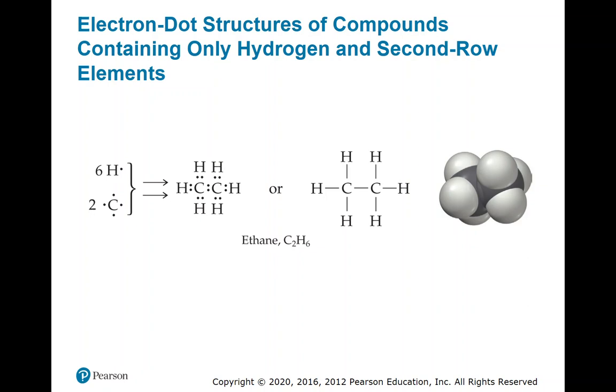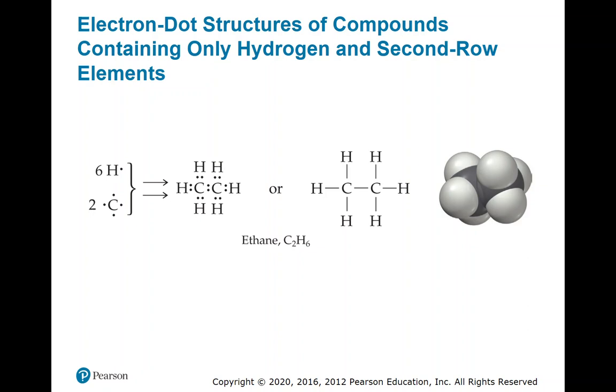Now, to do this, at least the examples you'll be given in this class, really what you want to do is just hone in on the fact that for second row elements as well as hydrogen, there's a certain number of bonds that you expect each atom to form and a certain number of lone pairs to have.